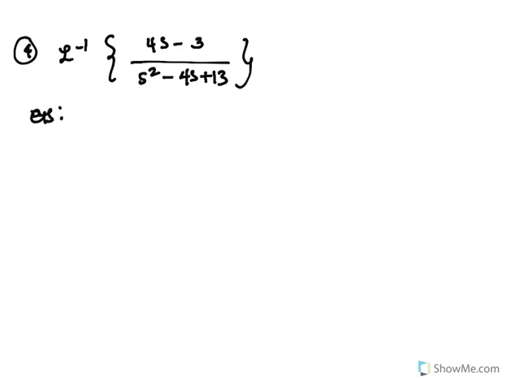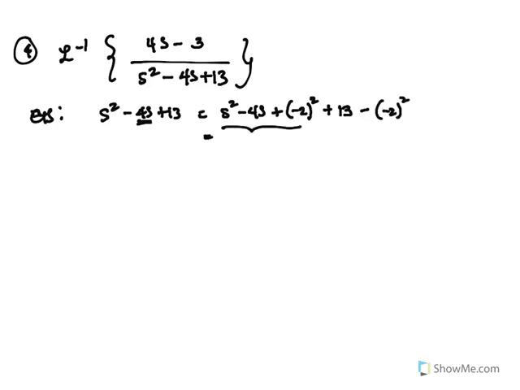So you have here s squared minus 4s. Divide the middle numerical coefficient by 2. So you have negative 2. Add the square of that, so plus negative 2 squared. You have here plus 13 minus negative 2 squared. So you have here s minus 2 squared plus 13 minus 4. So you have plus 9.